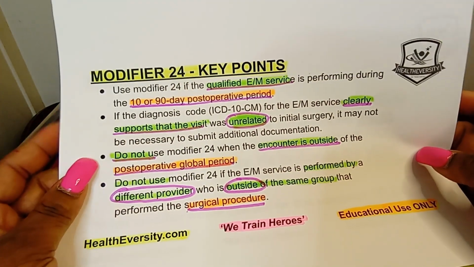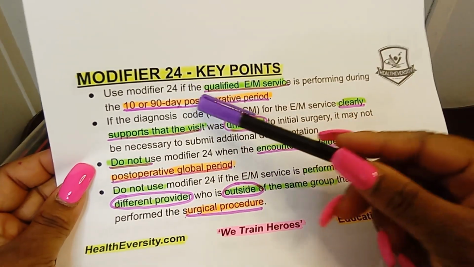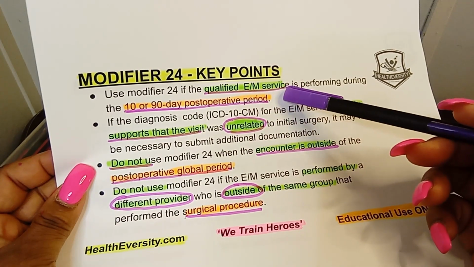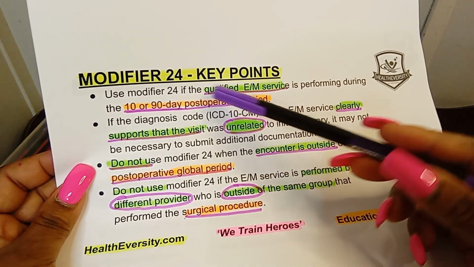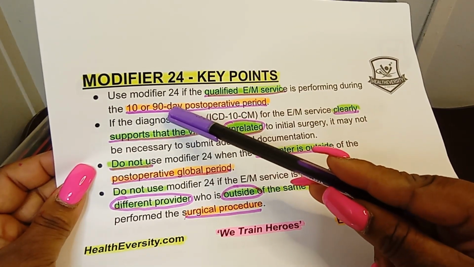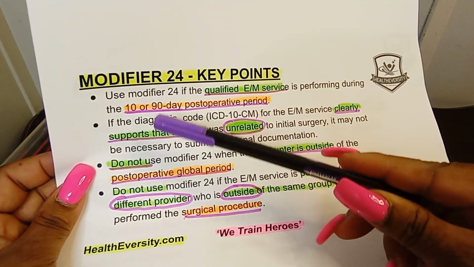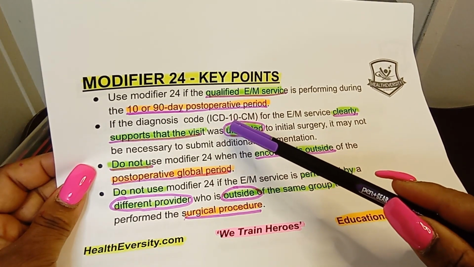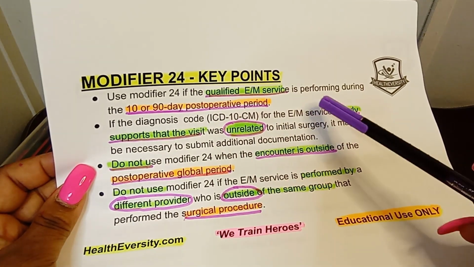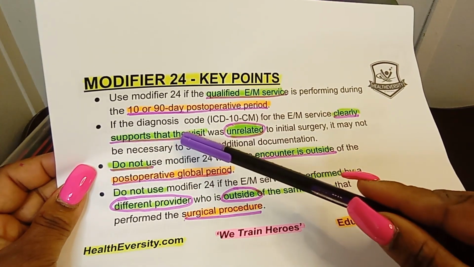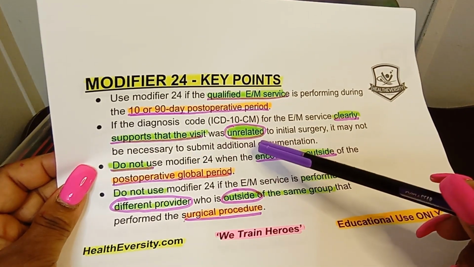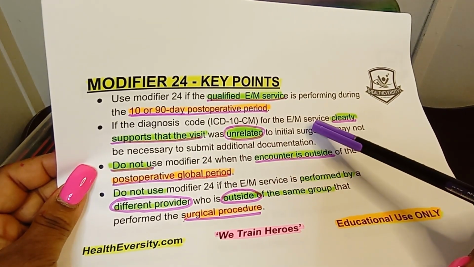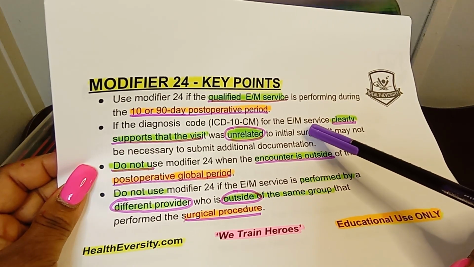Use modifier 24 if the qualified E&M service is performed during the 10 to 90-day post-operative period, if the ICD-10 diagnosis code from the E&M service clearly supports that the visit was unrelated to the initial surgery. So it has to be totally different.